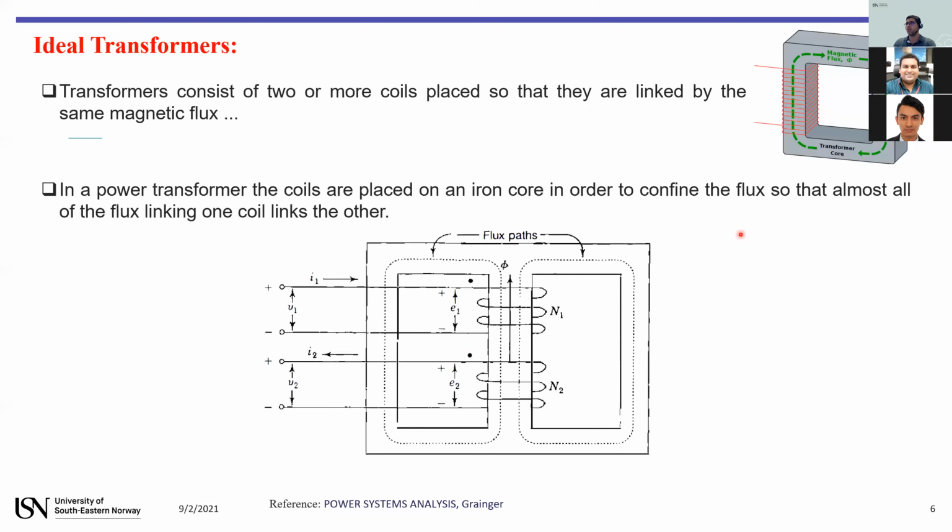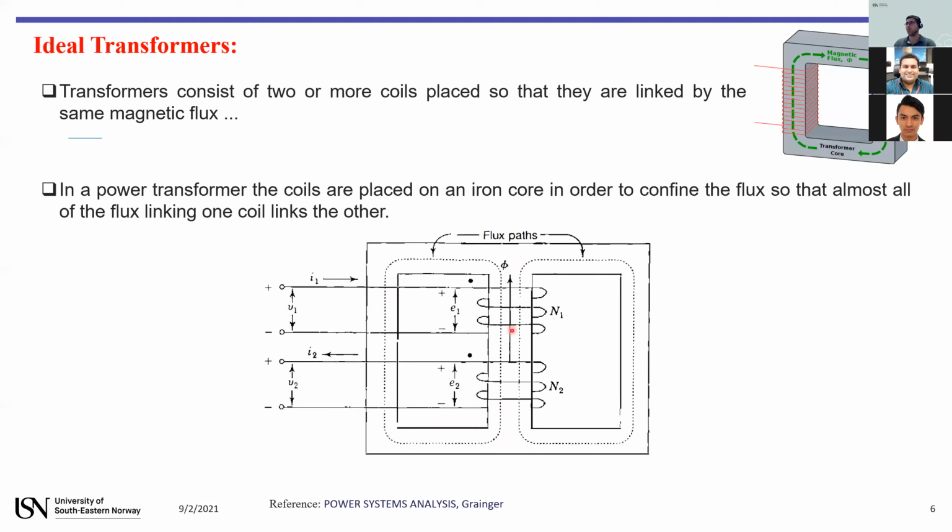In a power transformer, the coils are placed on an iron core, and in the middle one is the iron core to confine the flux. Here is air, but we want to force the flux to move inside the core.